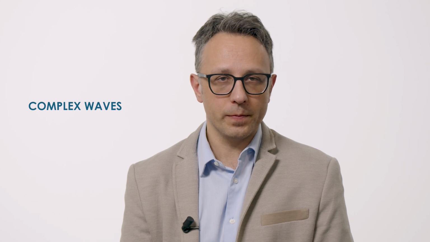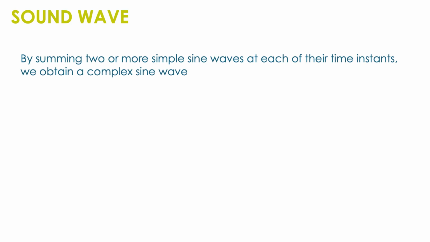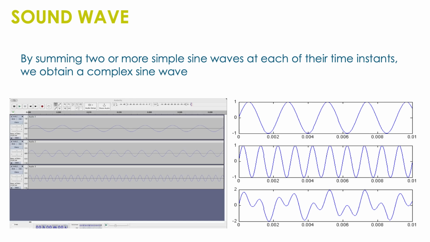So now, when multiple simple sine waves combine together, they form a complex wave. These waves better represent natural sound. The combination can be done by the sum of amplitude values for each wave for each time instant. In the video, we have 3 sine waves at different frequencies.